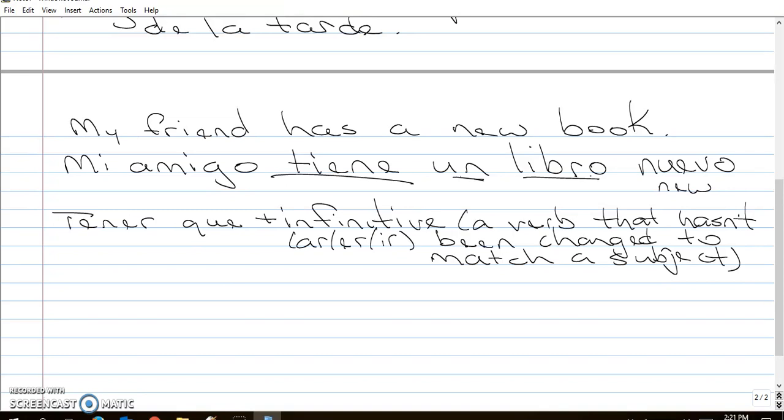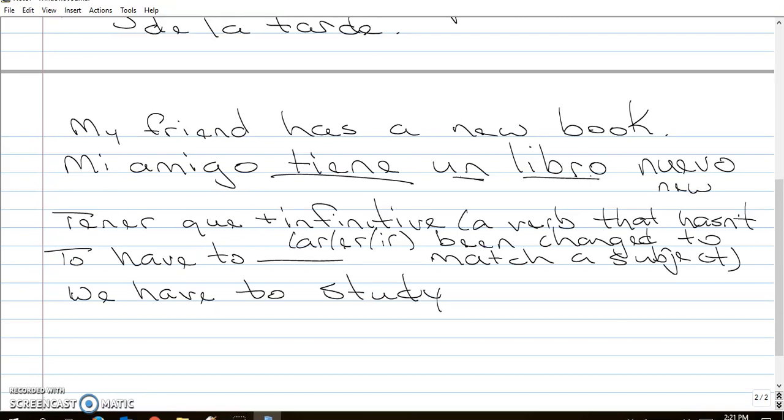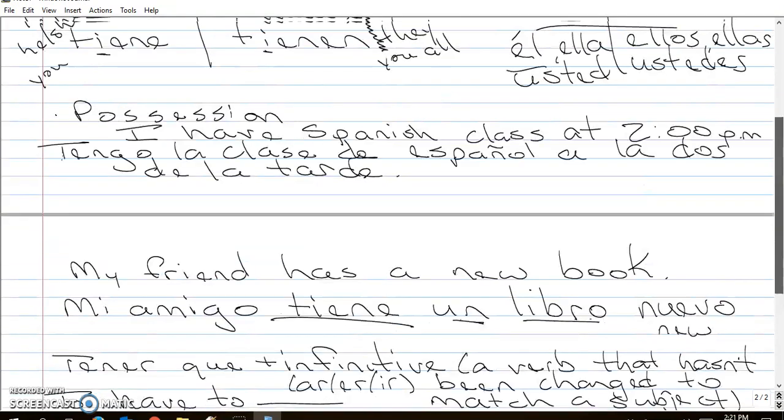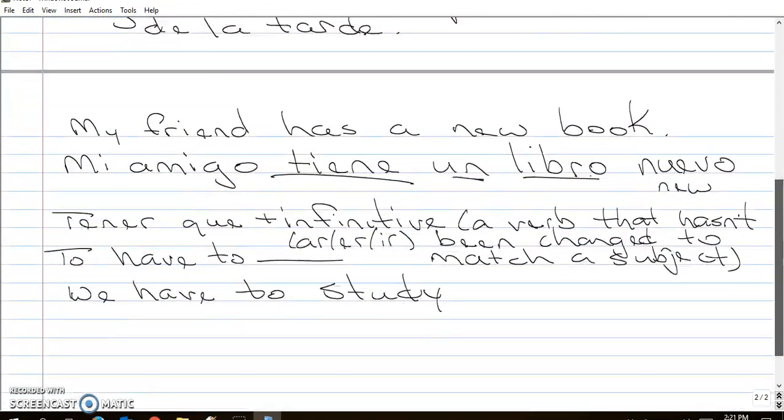So, and this is used to have to blank. So, let's say we have to study. Okay, we have, if you want to scroll back up, tenemos, we have.